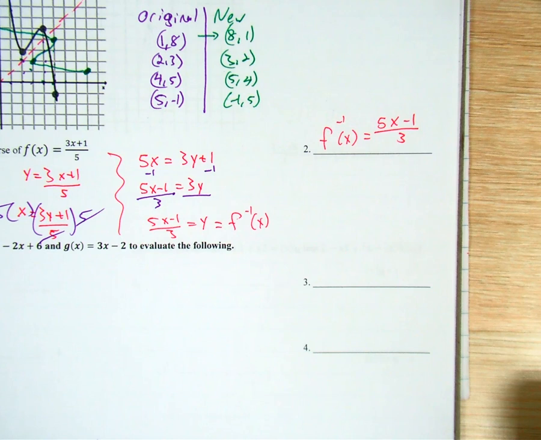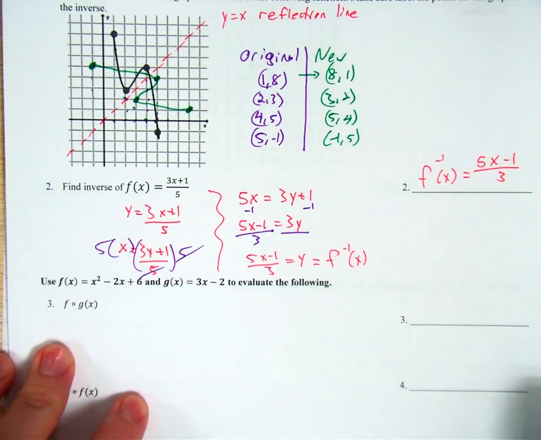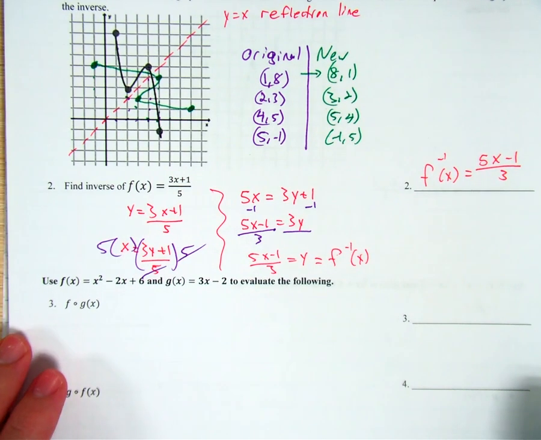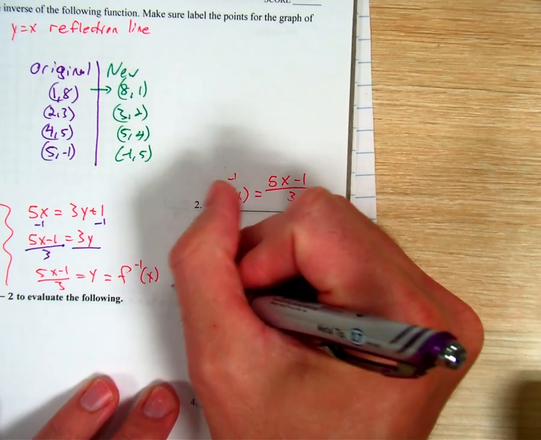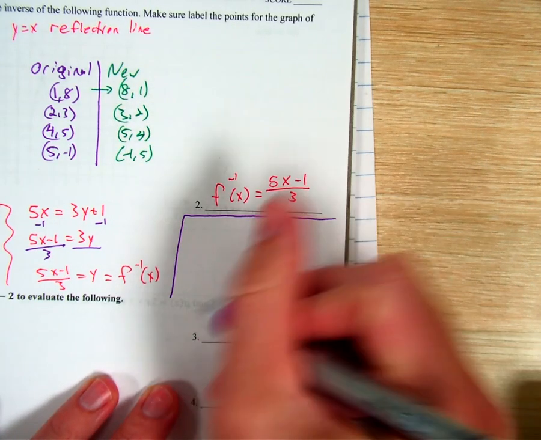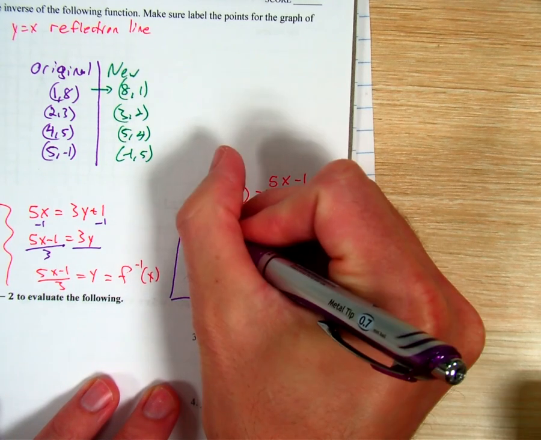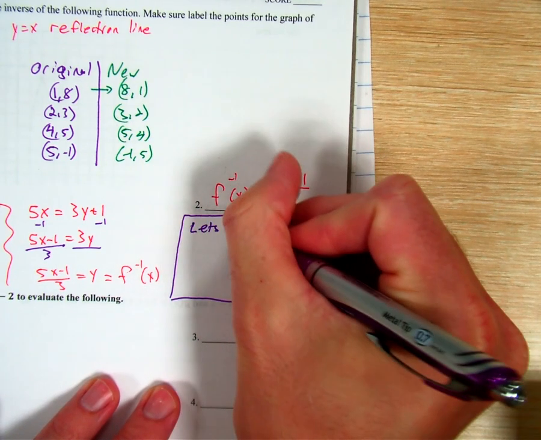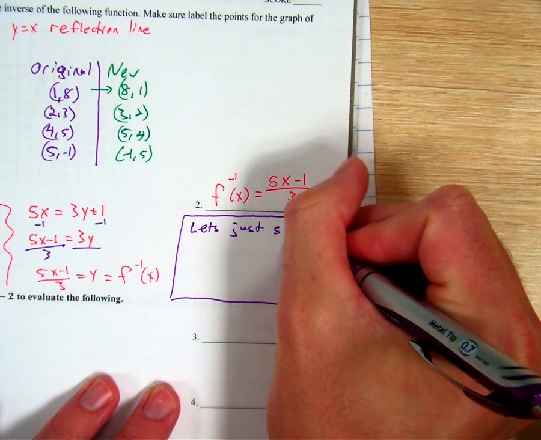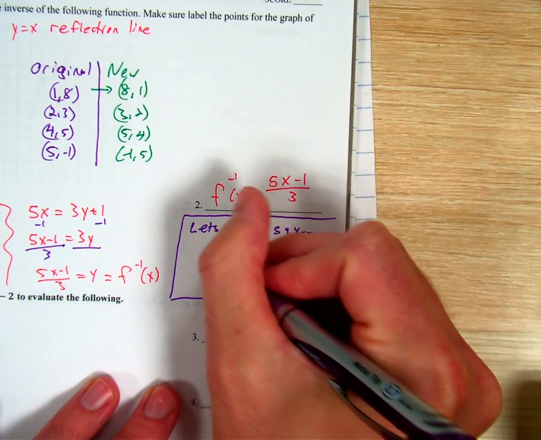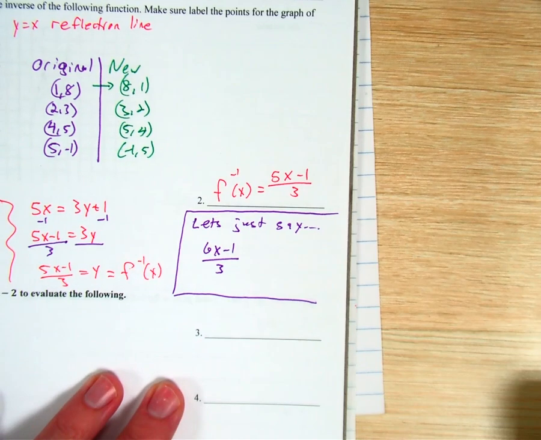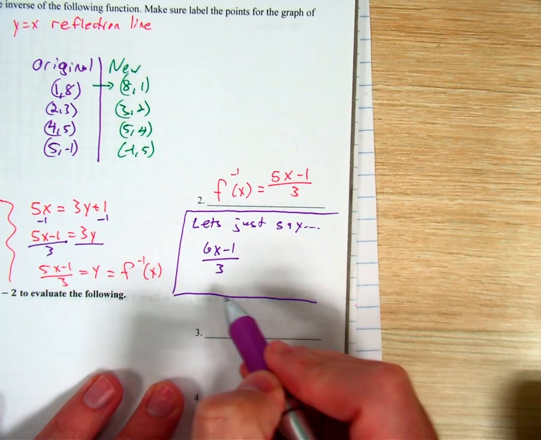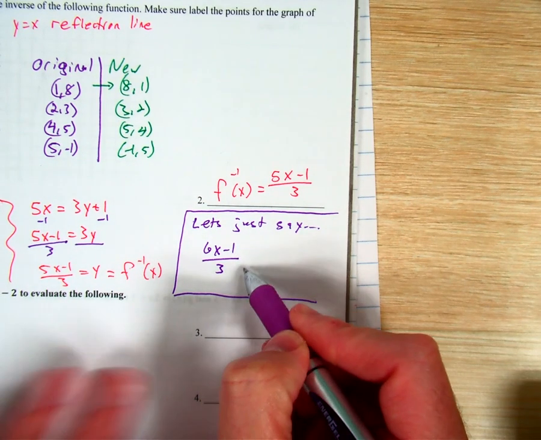Now let's say, just as a talking point here, I know this is not the answer. What if you had (6x minus 1) over 3? Then what could you do? We're going to split these into 2.